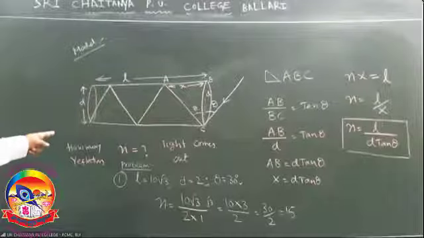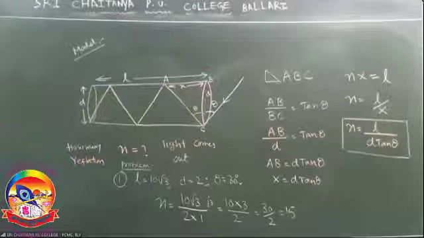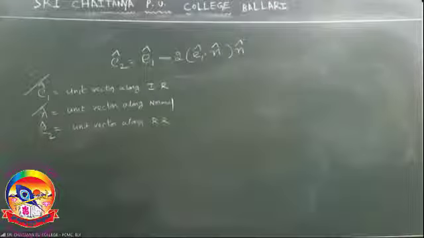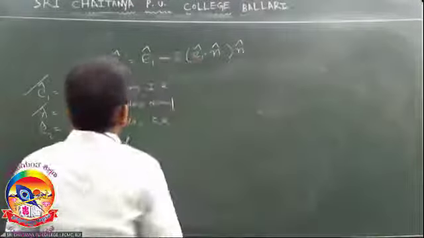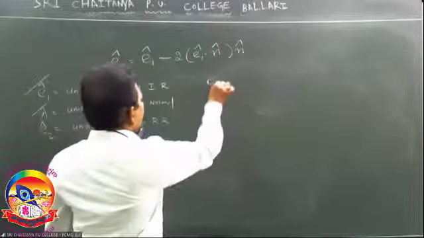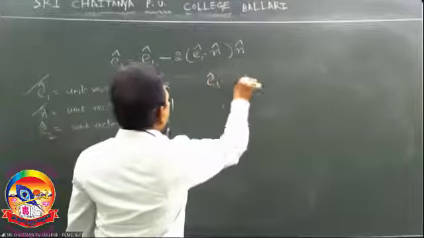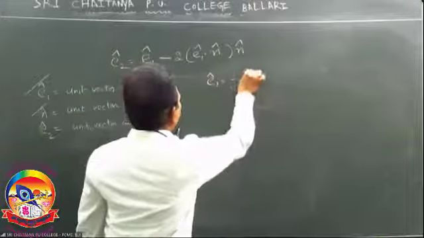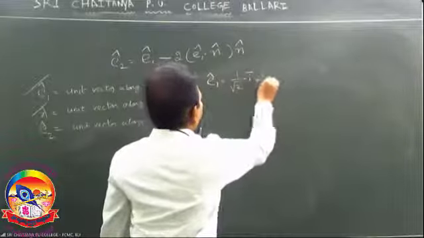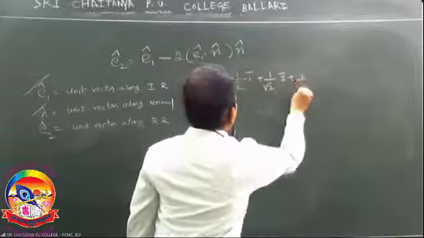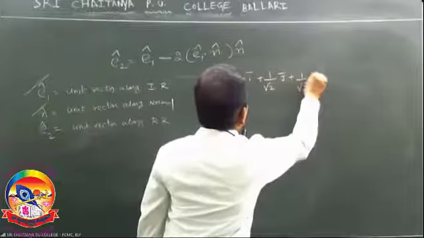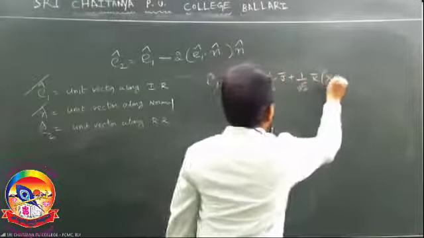So in this case, a large hollow pipe, a light ray is incident at one end, reflected ray, concentrate. Given in the problem, E1 cap is equal to 1 by root 2 i bar plus 1 by root 2 j bar plus 1 by root 2 k bar in the xy plane.